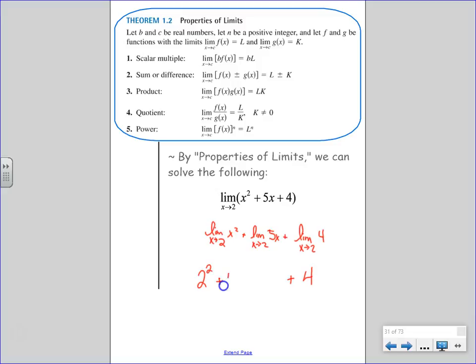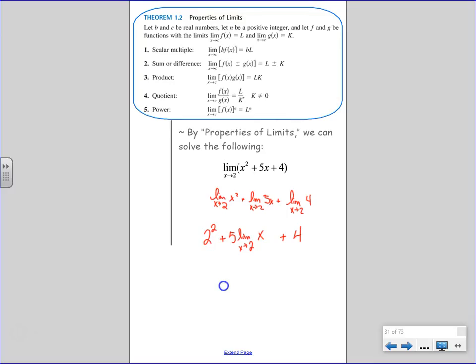I can pull that 5 out and take the limit as x approaches 2 of x, and that's a property from the page before, which said the limit as x approaches any real number of x, plug it in. The operation is multiplication, and now I can go ahead and simplify. PEMDAS, do the exponents. 4 plus 5 times 2 is 10, plus 4 is 18.